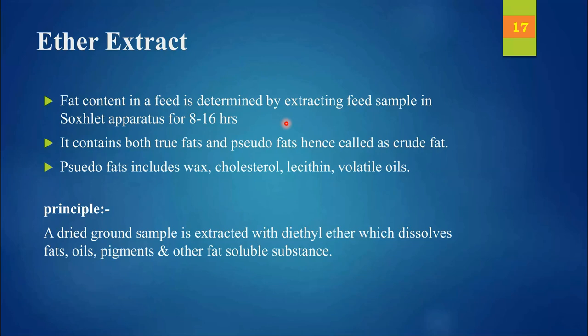So crude fat, the pseudo fat, includes the wax which is present in a foodstuff, then cholesterol, lecithin, then volatile oils. All these are the pseudo fats. Please remember such terminologies like wax, cholesterol, lecithin, and volatile oils. These are the common ingredients of the food, and we need to calculate the ether extract.